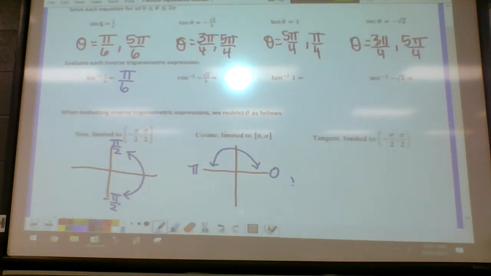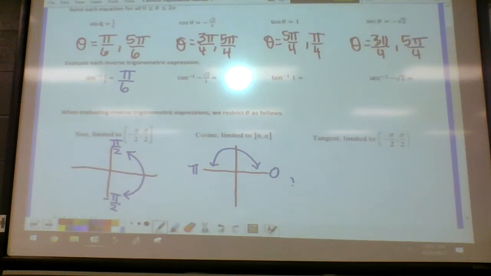In Q1, that's where the cosines are positive, and Q2 is where the cosines are negative, and so that's why we have Q1 and Q2. It can't be 1 and 4 again, because in 1, cosines are positive, and in 4, cosines are positive, so that wouldn't help us out. So cosine is 1 and 2.